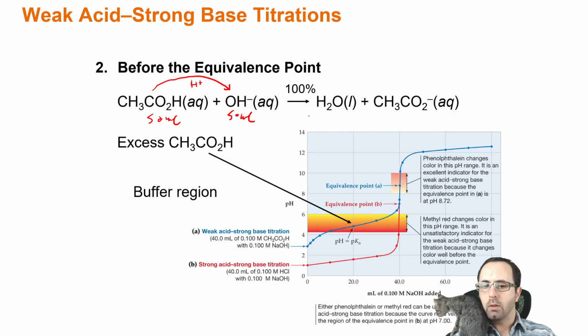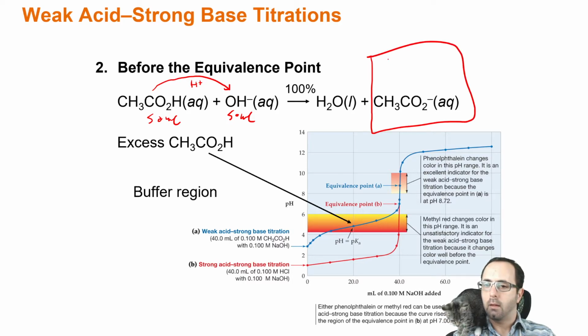So at the equivalence point, we're not going to have any of these left. All that's going to be left is this. At the equivalence point, only the conjugate base left.